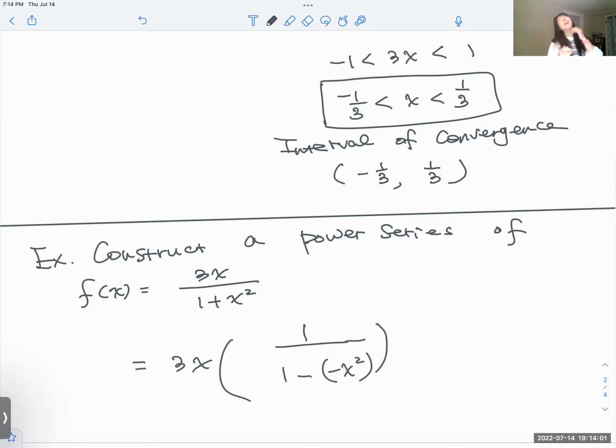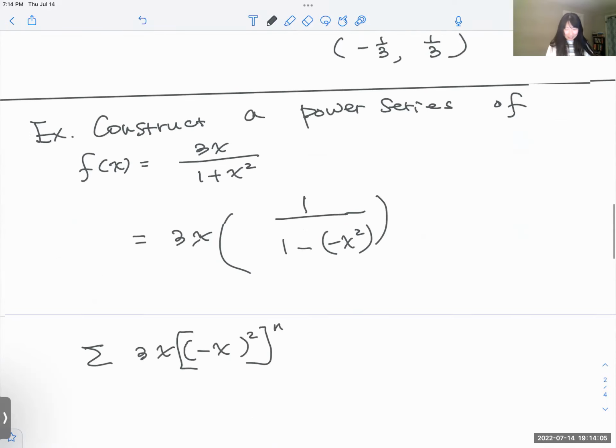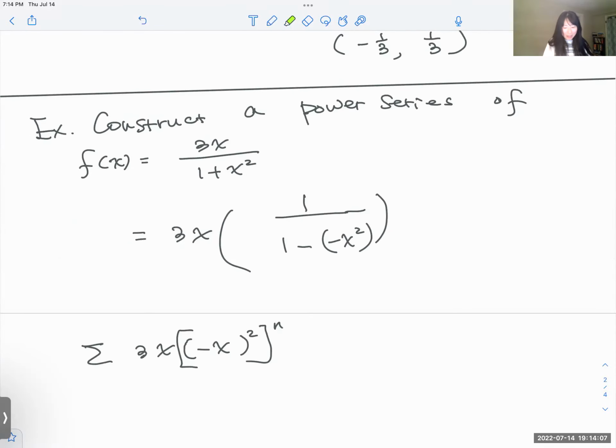Then this will be whole thing to the n power, right? Negative x squared to the n power.